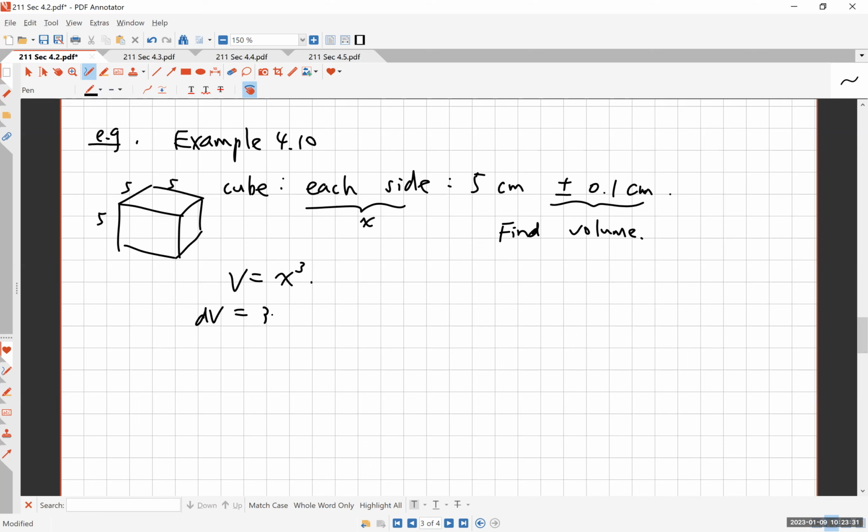dV can be written as what? 3x squared times dx. Okay, the thing is, the error on x can be written as the absolute value of 0.1. Actually, I should say, I'm saying plus or minus 0.1.